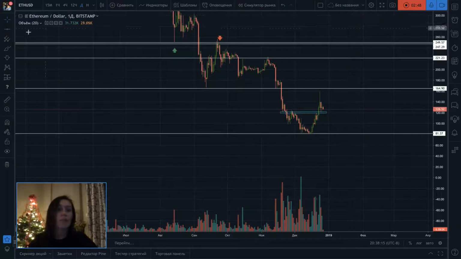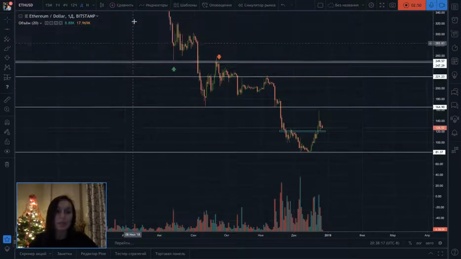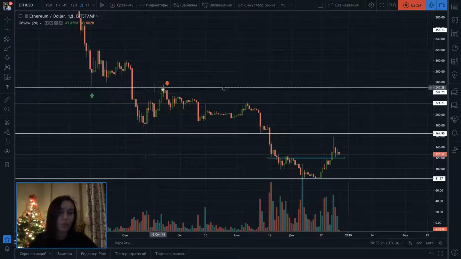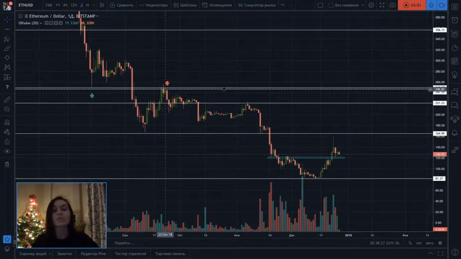I draw some important levels upstairs, and you can see over here that it's some kind of zone. We can draw lines or we can draw zones. If you're new in trading, I advise you to draw zones. It will be easier for you to determine support and resistance candlesticks.